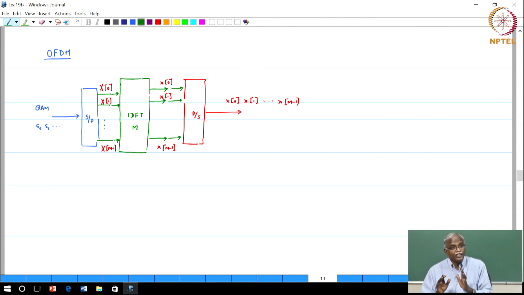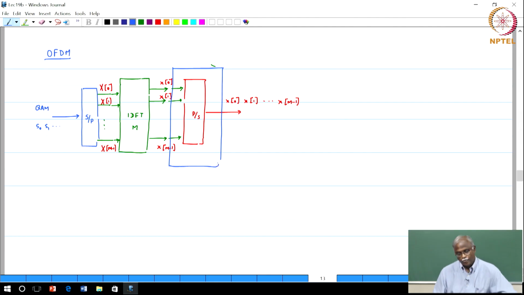Now, here is where the interesting part comes. Having studied the multirate part, how would you characterize this portion? The parallel to serial converter, we have already seen, is nothing but you upsample each of these streams by a factor of m and then add them with suitable delays.